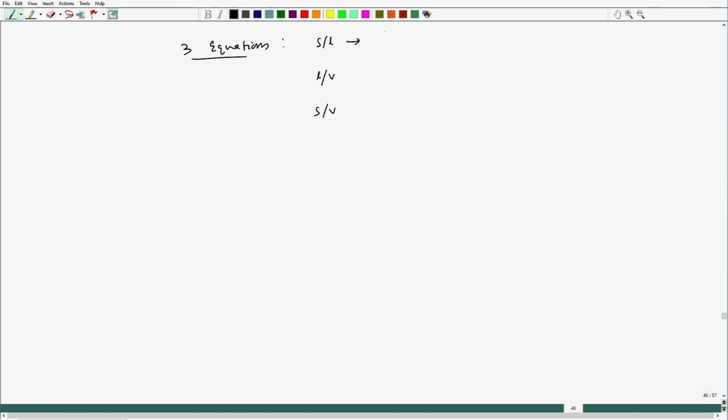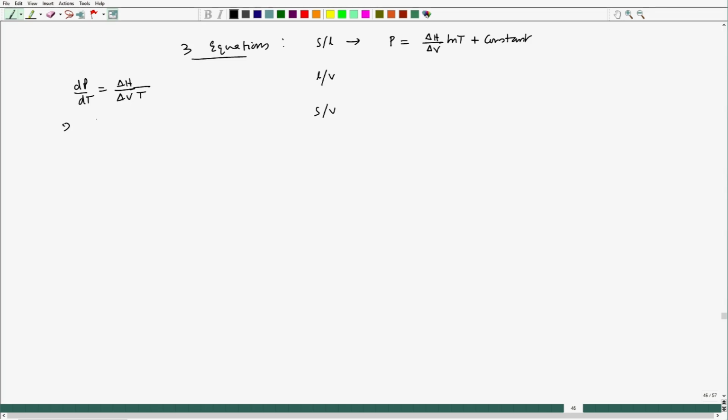So, one equation would be P equal to del H by del V ln T plus constant. How does it come? del P by del T equal to del H by del V T.